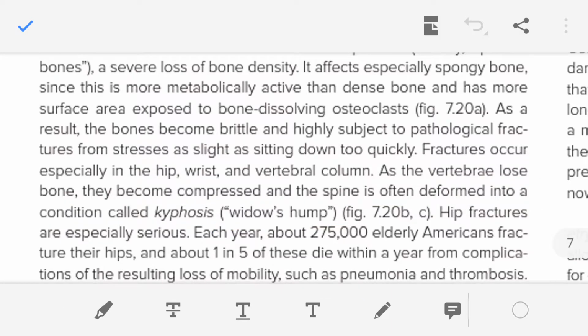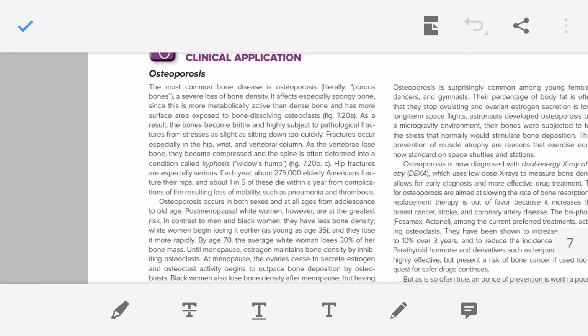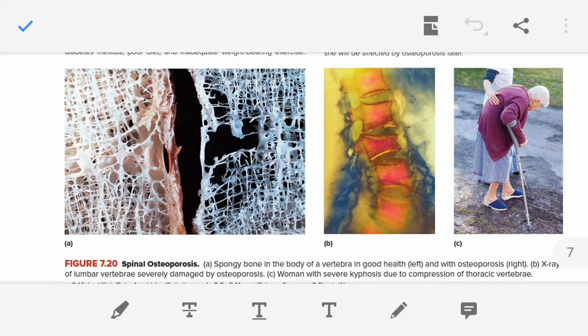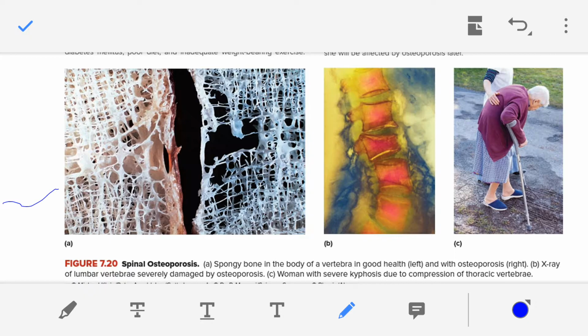So in the figure, let me show you this. See over here in this figure, left hand side, figure A. Here they are showing spinal osteoporosis.